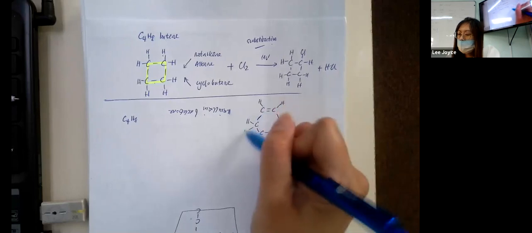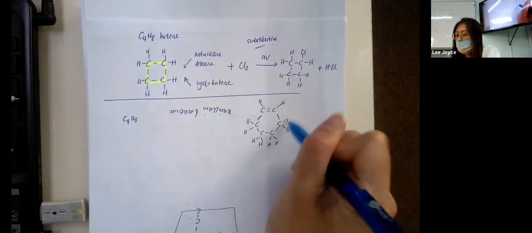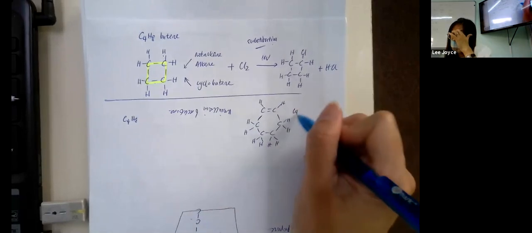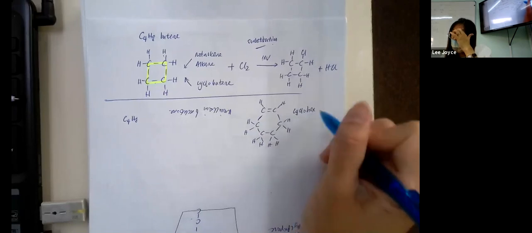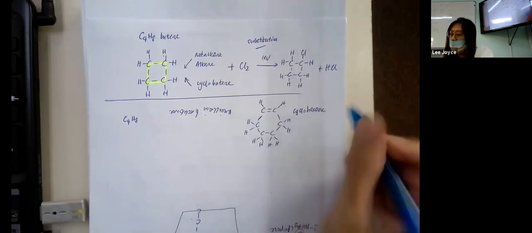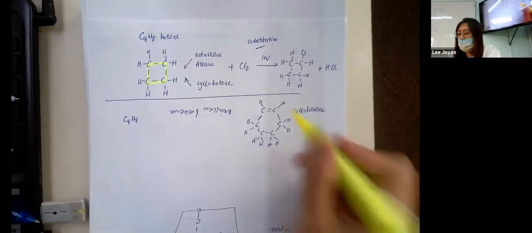This is known as cyclohexene. Why is it a hex? Because there are 6 carbon atoms. And why is it a hexene? Because there's a C double bond. And it's a ring structure that takes on a hexagonal shape.